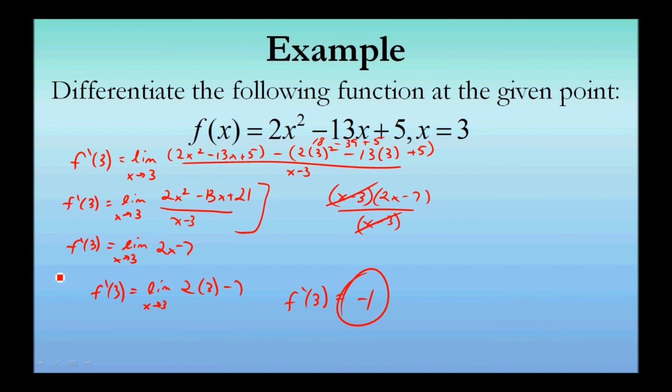So let's confirm this graphically just to get a general idea if we took the right steps. So 2x squared minus 13x plus 5. We're looking at x equals 3. 2x squared minus 13x plus 5 looks something like this.